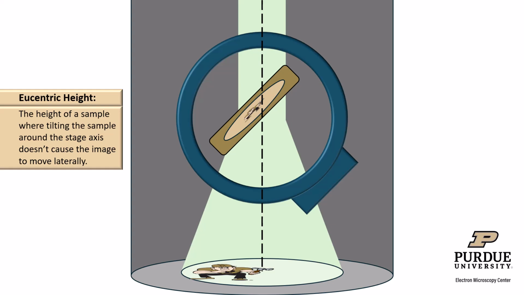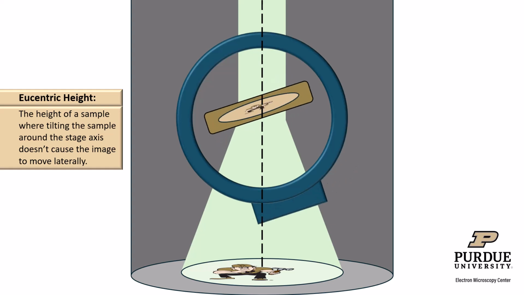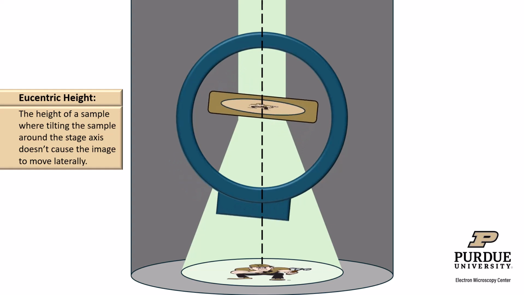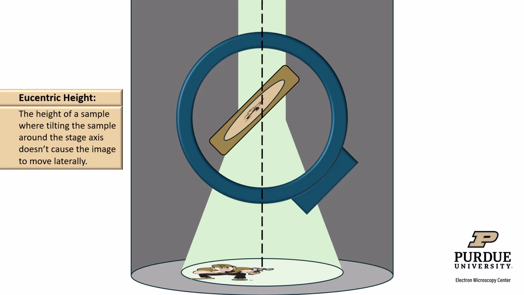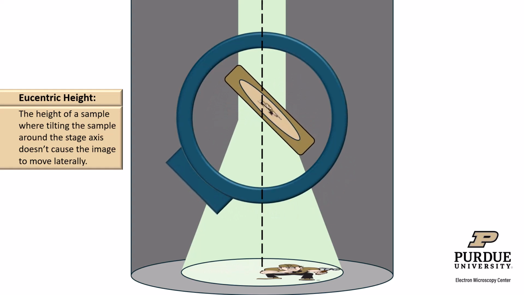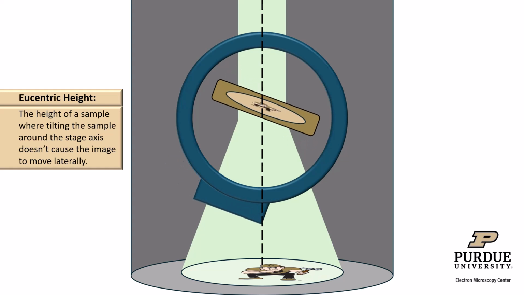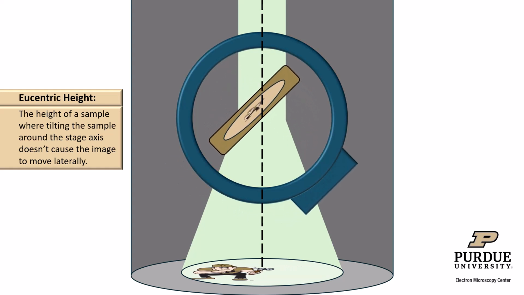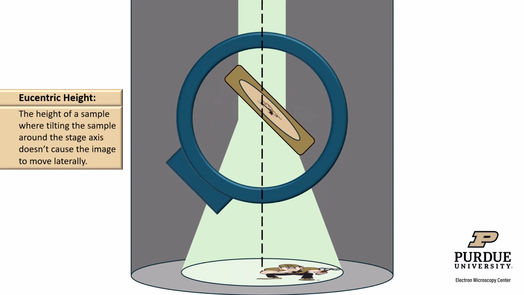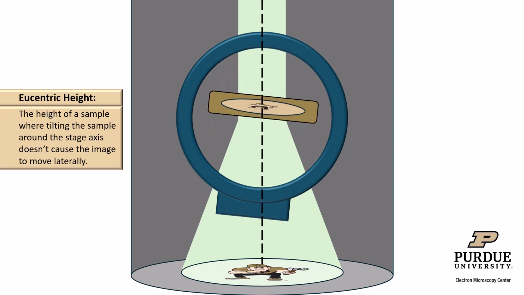So when you're setting up eucentric height in a TEM, you can use the movement you see in the image to determine whether your sample is at eucentric height. If there is lateral movement during tilting, you're not at the right height. You don't need to memorize which rotation causes movement to shift right or left. Just start moving your sample up or down and see if the movement is getting worse or better.